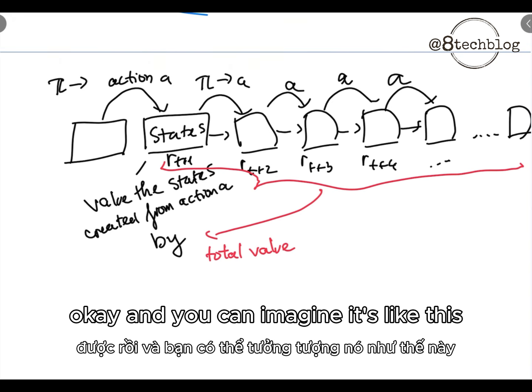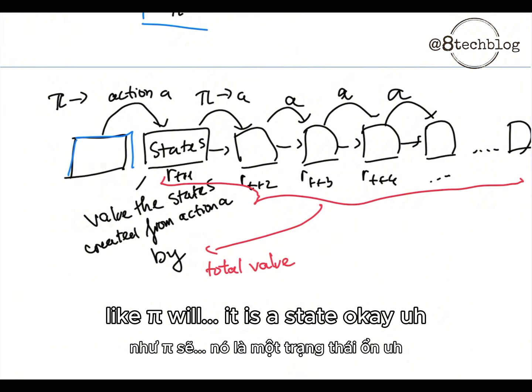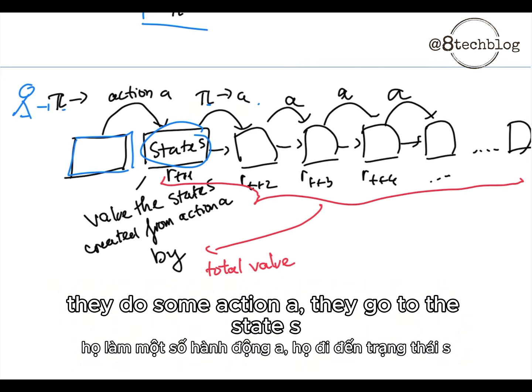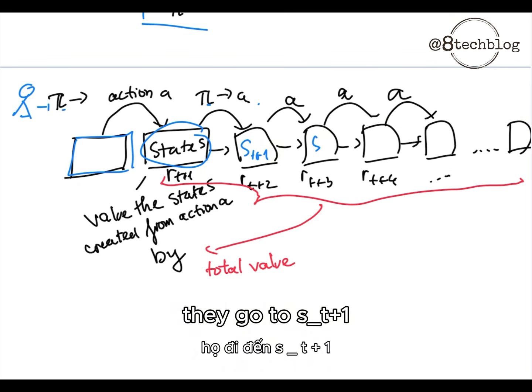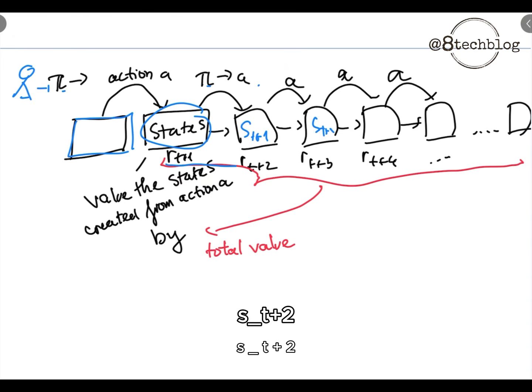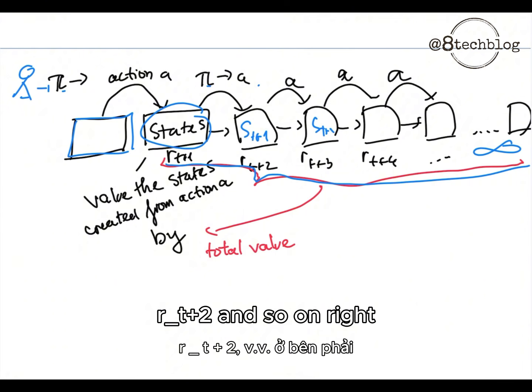Okay, you can imagine it like this: there is a state, and this is the agent. The agent does some action A and goes to the state S, does some action A again, reaches S(t+1), S(t+2), and it gets a list of rewards R(t+1), R(t+2), and so on, right?